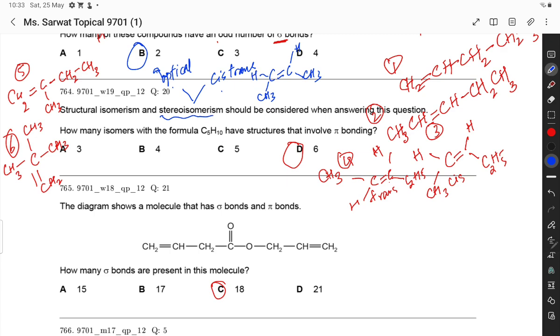That is why it is stereo. And structural isomerism contains branched, unbranched, functional group isomers and position isomers also.